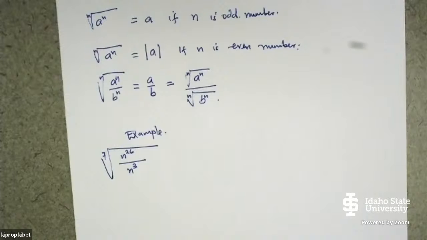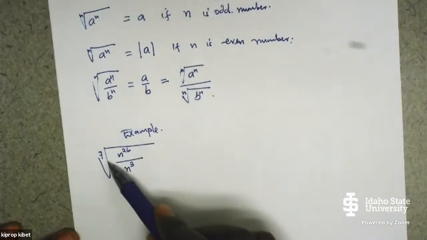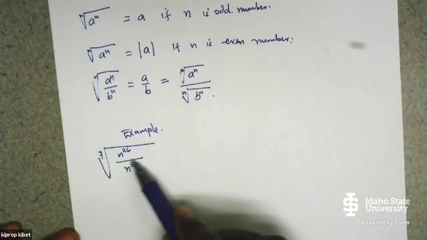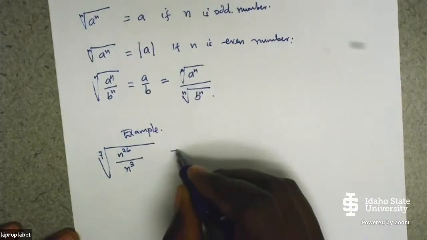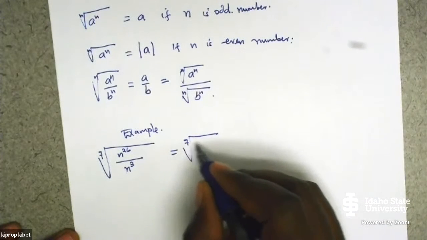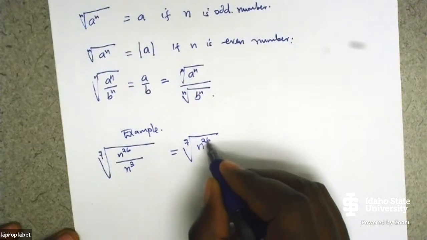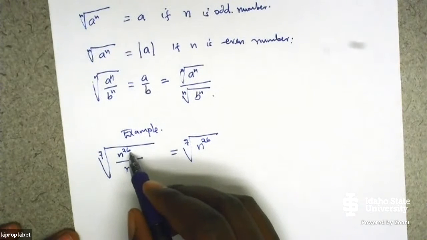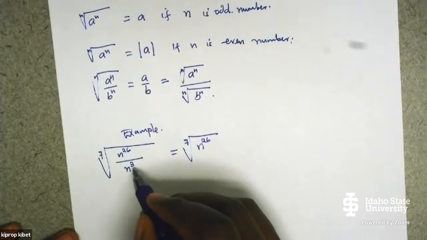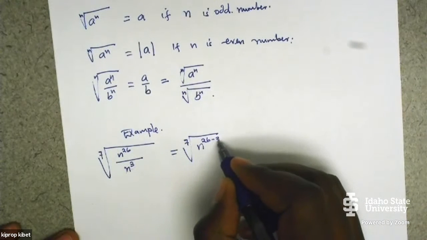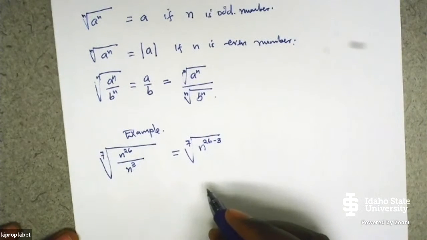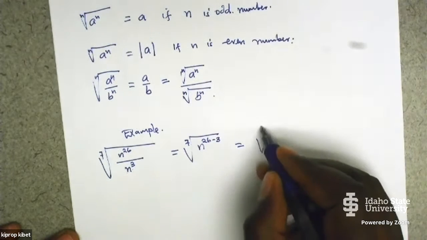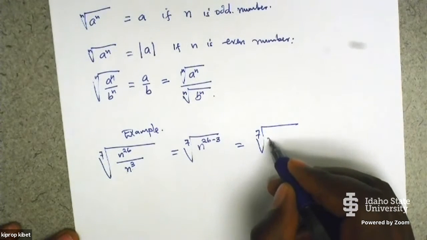So actually, it is the same as simplifying the values which are inside that root, right? Since the bases are the same, then we can actually simplify what is inside here. So it is the same as the seventh root of n raised to 26, taking this n up here, it becomes negative. So since the bases are the same, this is equal to the seventh root of n raised to what?